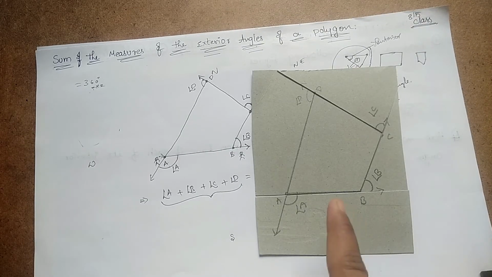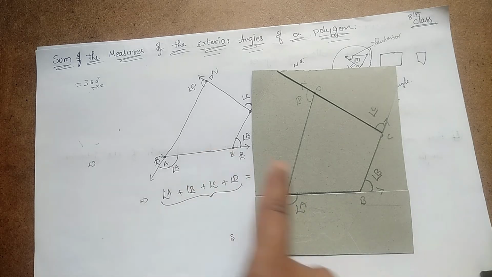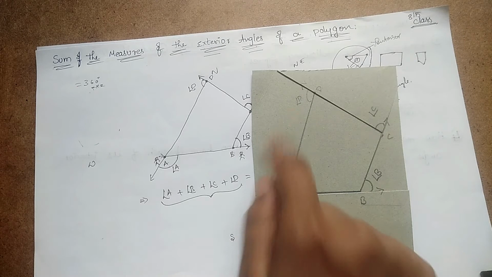See here, this is our cardboard diagram. Now I am going to cut angle A, angle B, angle C, angle D separately.